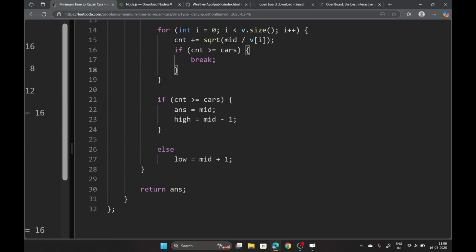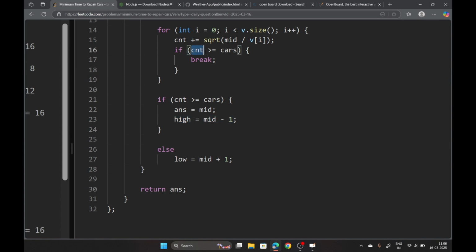It means the value of mid that we calculated is obviously a greater time, so we have to search in a lesser search space than initially. This might be my probable answer, because mechanics were able to fix cars greater than the cars value we are supposed to find, and we will search in the left space because we are searching for a smaller value.